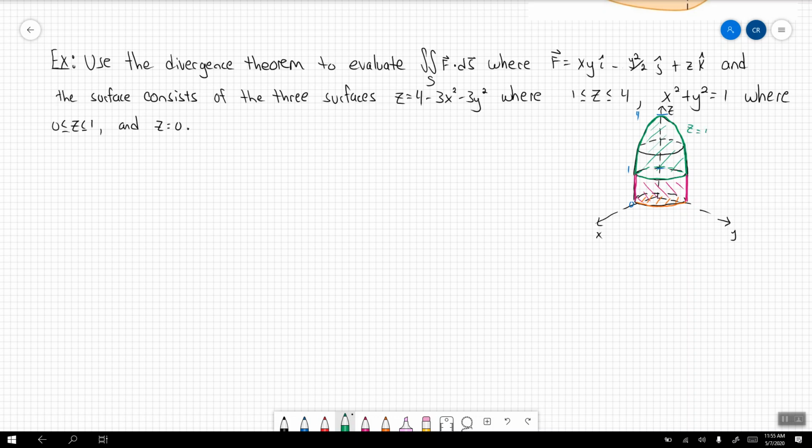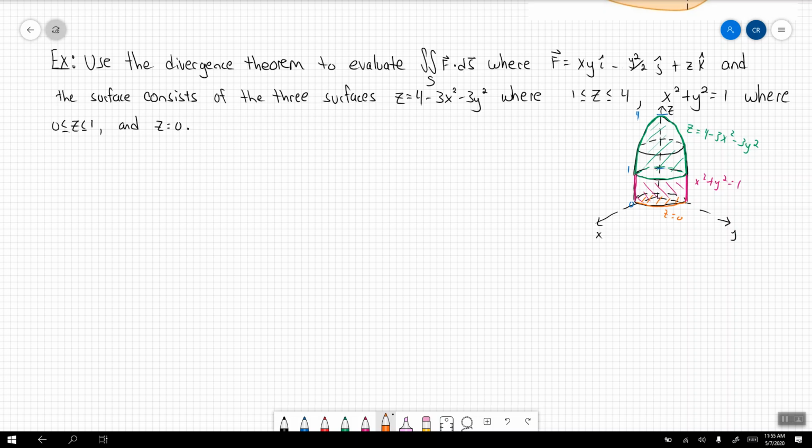So the green one is 4 minus 3x squared minus 3y squared. The pink one here is x squared plus y squared is equal to 1. And the last one is z is equal to 0. And again, they're all going to have their appropriate bounds.